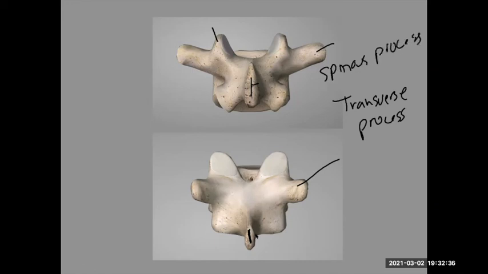And then we have what are called the articulating processes. At the end of those articulating processes, you're going to have a joint surface called the articular facets. You're going to have one at the top called the superior. And we're just going to go with the facet one so you can have less processes to remember.